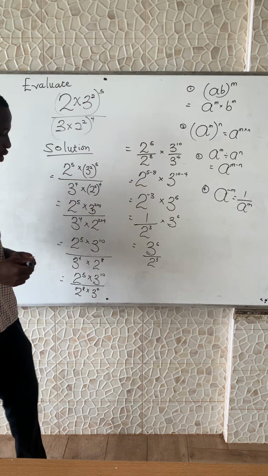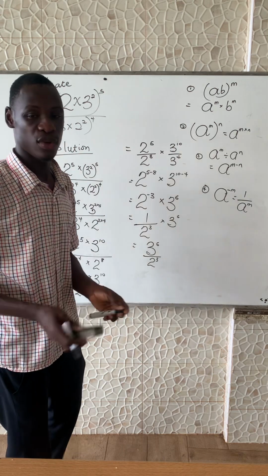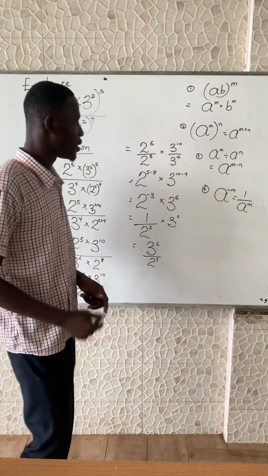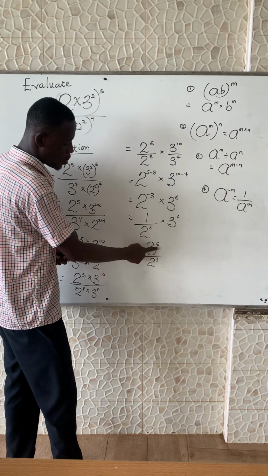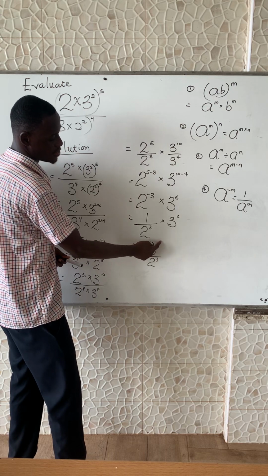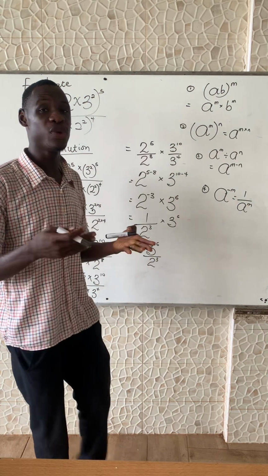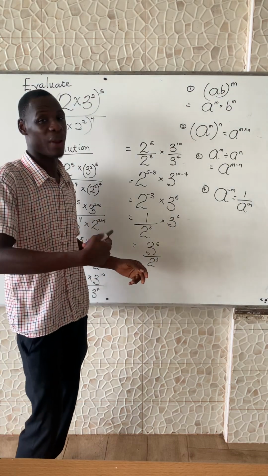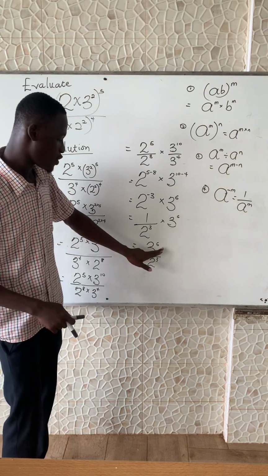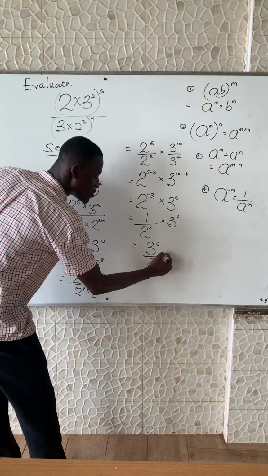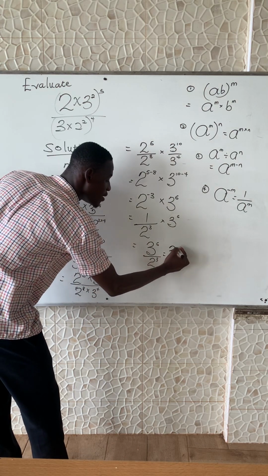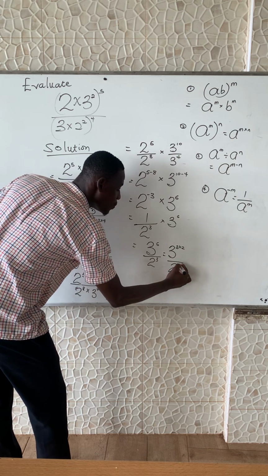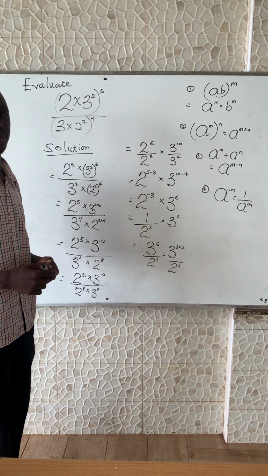Alright, moving on, we are going to use this property again. Now, here we go. We can get the factors of 6 to be 3 times 2. We are doing so because we have an exponent of 3 here. We're going to apply another rule to this. So we're going to change this to be 3 exponent 3 times 2 divided by 2 exponent 3.